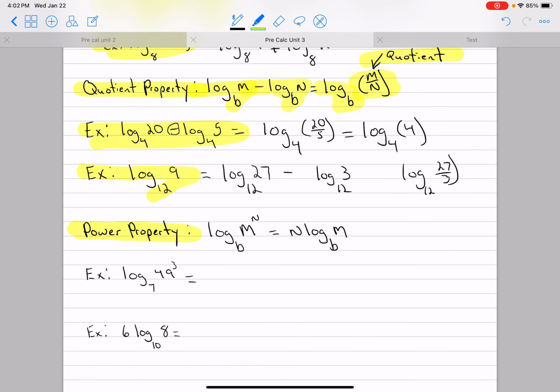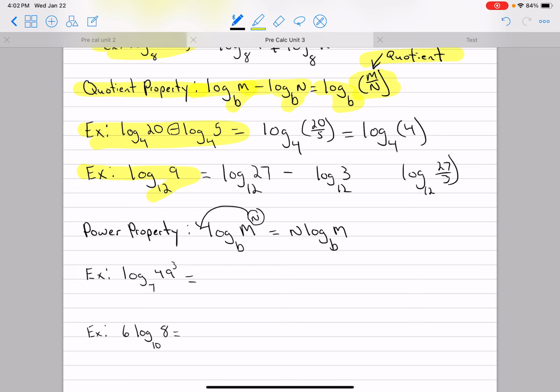We have the power property. This one says if we have the log base b of m to the n, that equals n times log base b of m. So what did I really say? If I have this in an exponent, I can just move it right to the front.